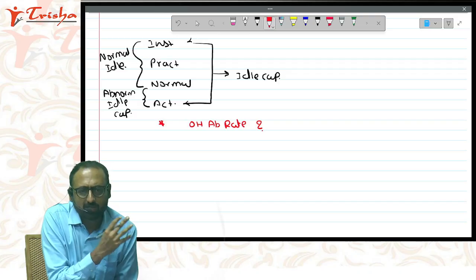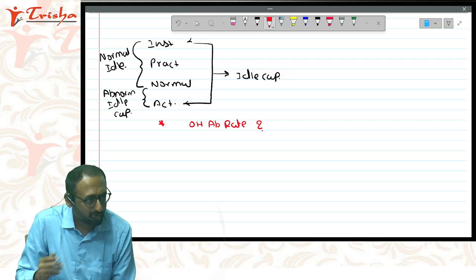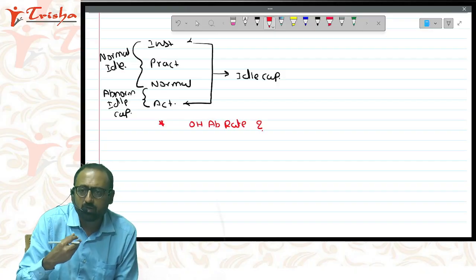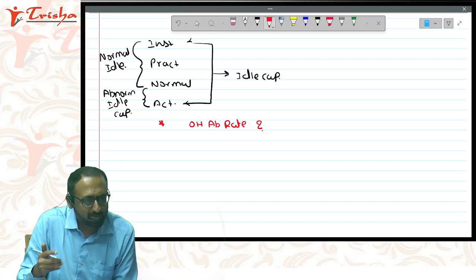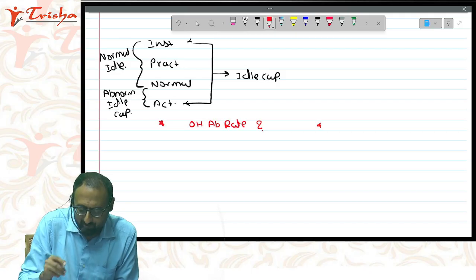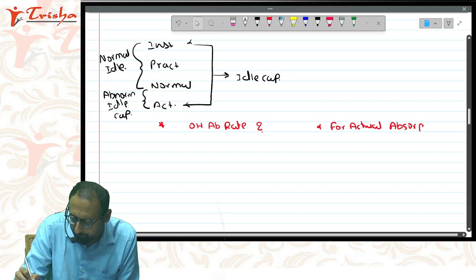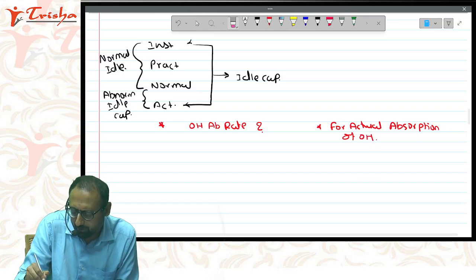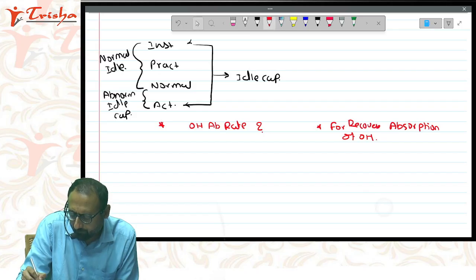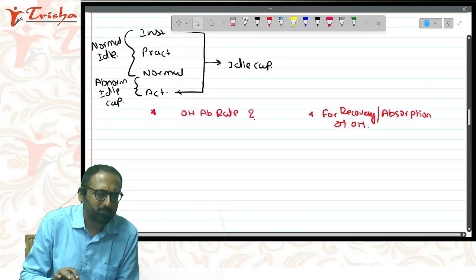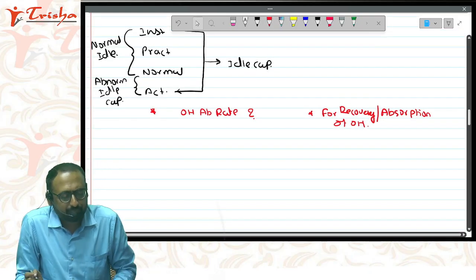Which capacity is to be used to calculate the absorption rate, and for actual absorption of overhead, for recovery of overhead, for allocation of the overhead? You'll have to remember this important discussion.